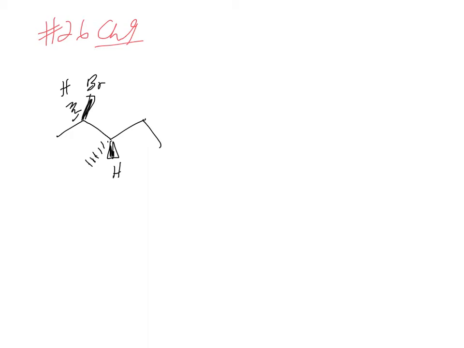And they're telling you it's 2R, 3S, so they're even telling you the stereochemistry. Nice. And once you know it's 2 bromo, 3 methylpentane, they're telling you this stereocenter is R, and this one is S, right?